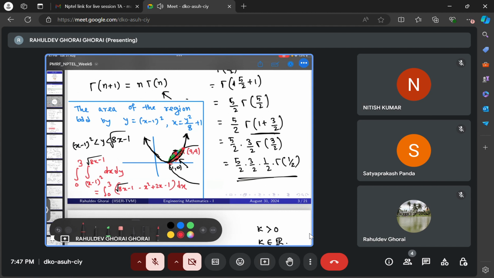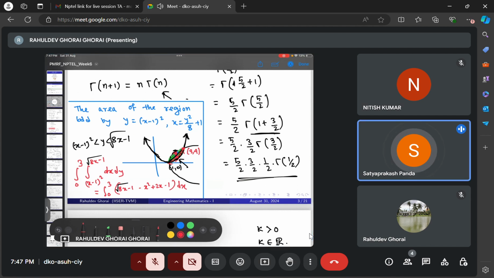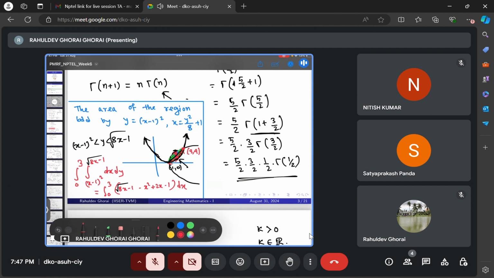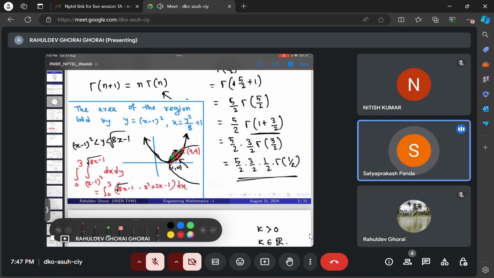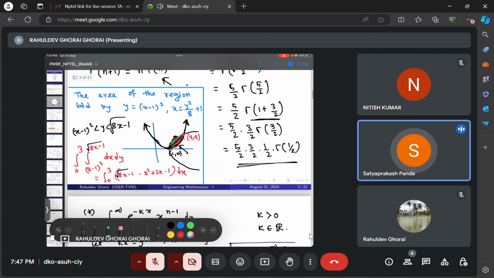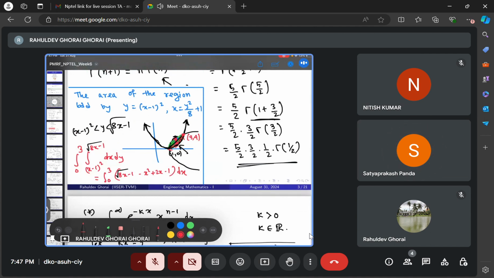Sir, how did you get 0 to 3? 0 to 3 is for x, you have to vary x and y also. If you take y, it will be 0 to 4 if you want to take the other way.